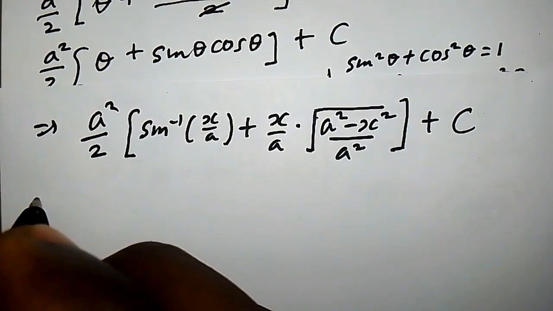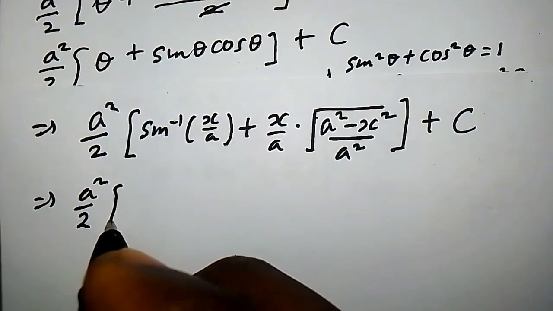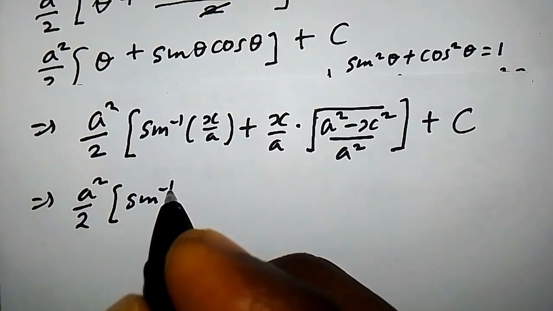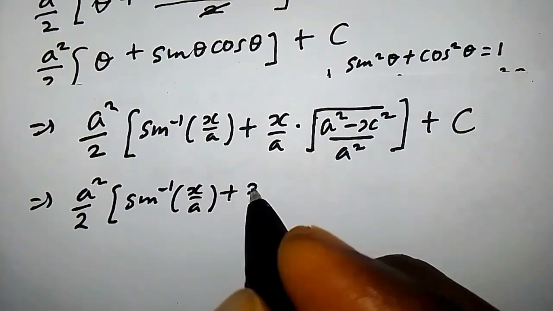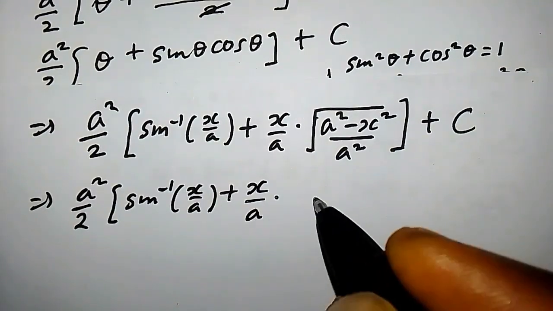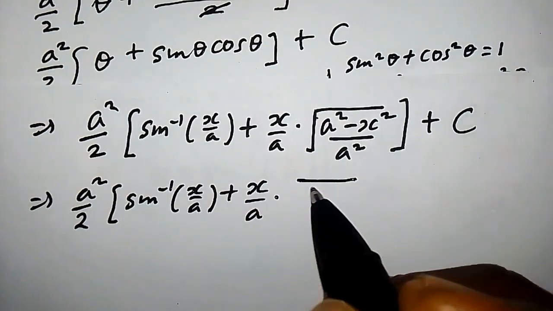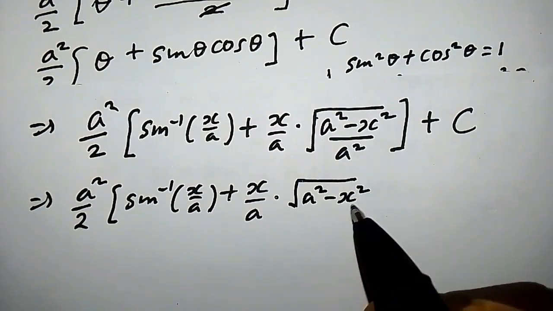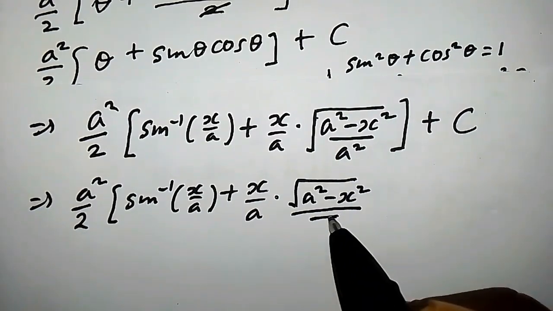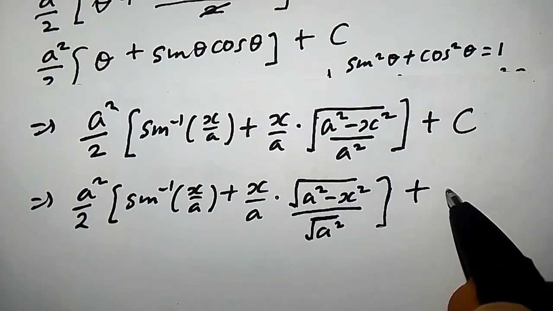Let's continue. This implies that a squared over 2 into arc sine of x over a plus x over a times, this whole guy could be written as square root of a squared minus x squared divided by square root of a squared, close the bracket, plus c.